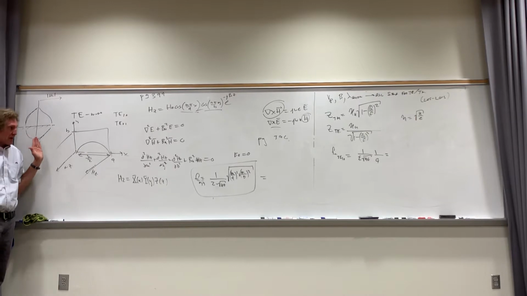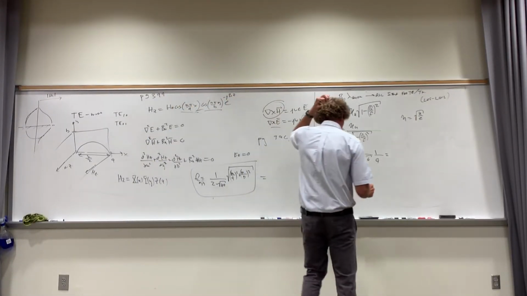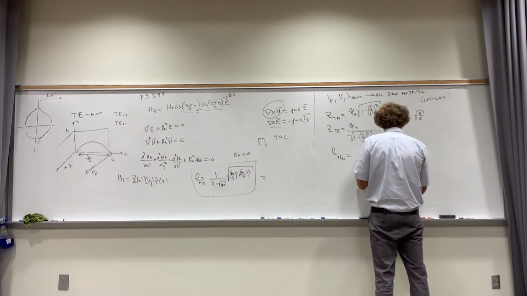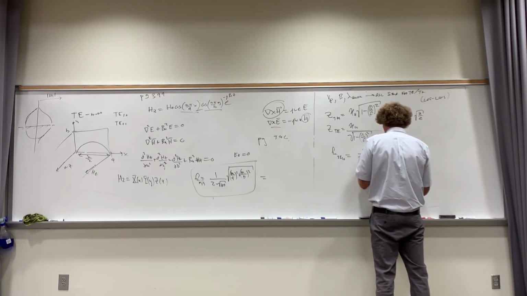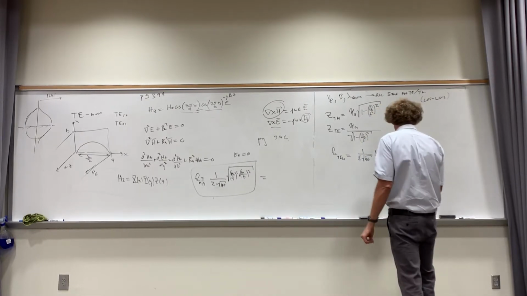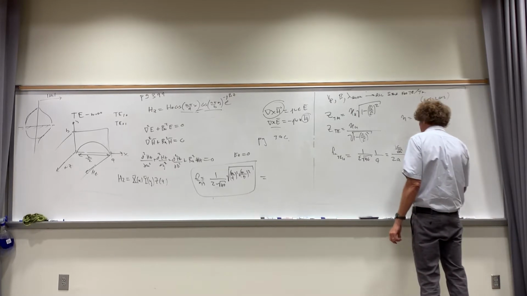Now, if you take a look at that for the TE10 mode, that means it would be 1/2A, and I could say it's C over the square root of epsilon relative here. Let's assume epsilon relative is equal to 1.